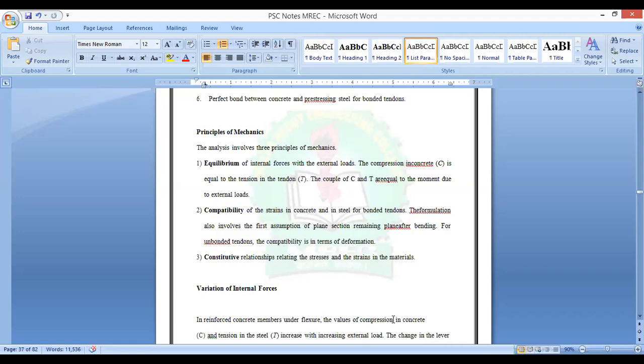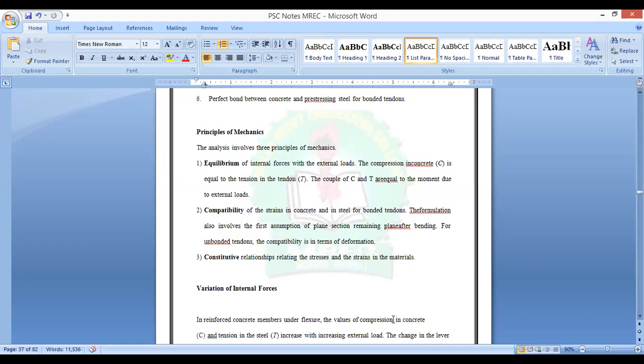That is what a mechanism is. So to analyze the member, the mechanisms we are considering are: one is equilibrium, second is compatibility, third is constitutive relationship. The constitutive relationship is also one of the principles, along with compatibility and equilibrium.